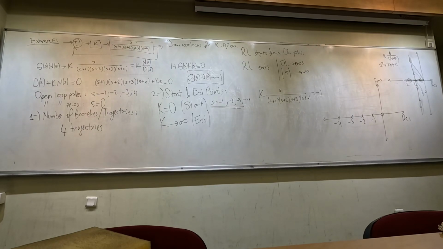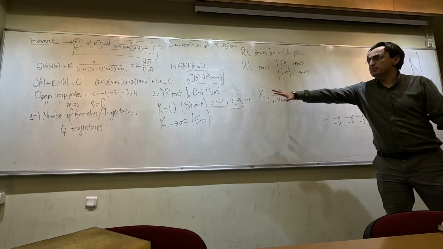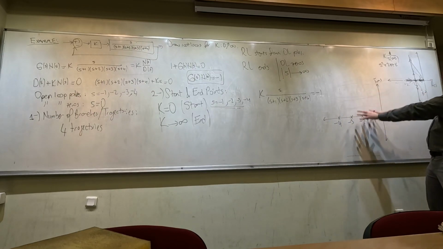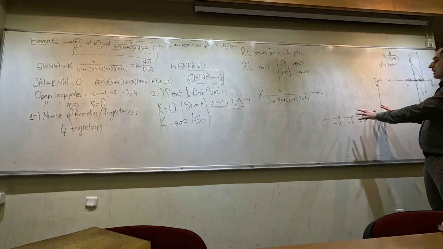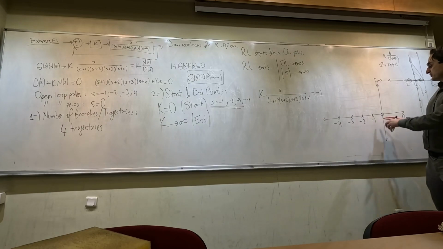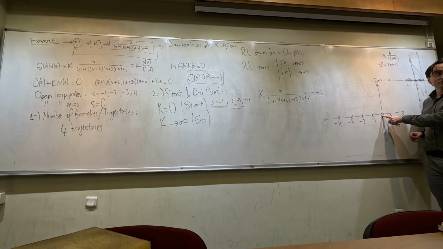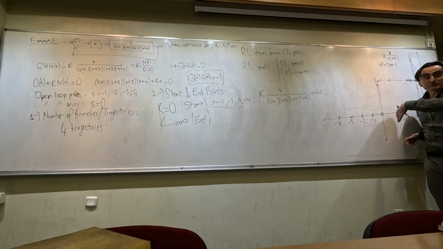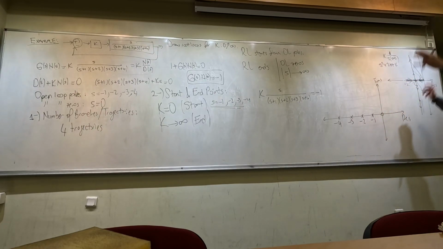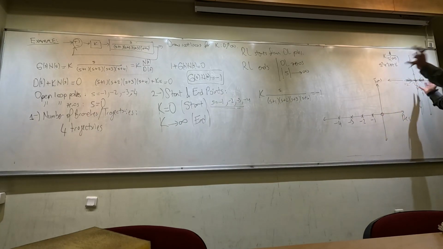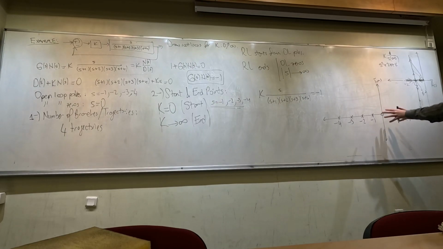So now, when we look at the start and end points, there will be 4 trajectories on this figure, and one of the trajectories is going to converge to this open loop zero, and the other 3, they are going to diverge away to infinity in some direction. Okay? Currently, I don't know how they are going to diverge to infinity, but we know that 3 of them are going to diverge to infinity, and one of them is going to converge to this zero.